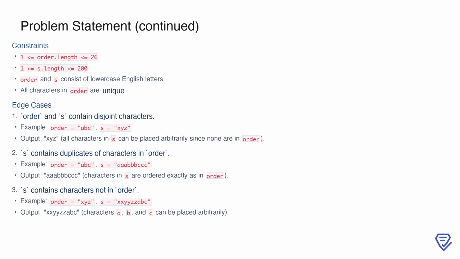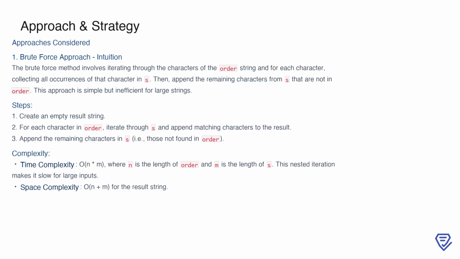To begin, we considered the brute force approach, which relies on directly iterating through the characters of the order string. For each character in order, we find all occurrences of that character in the string s and collect them in the result. Once we've processed all characters in order, we append any remaining characters in s that were not included.